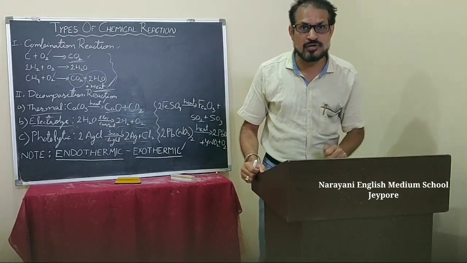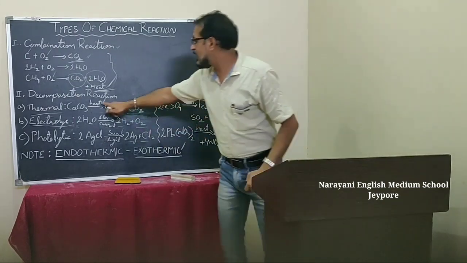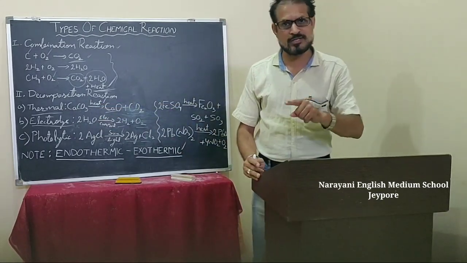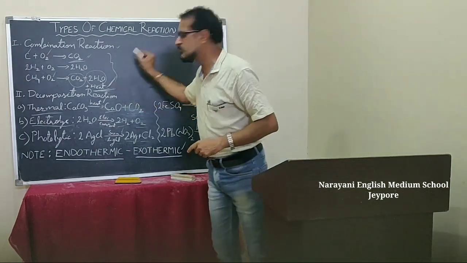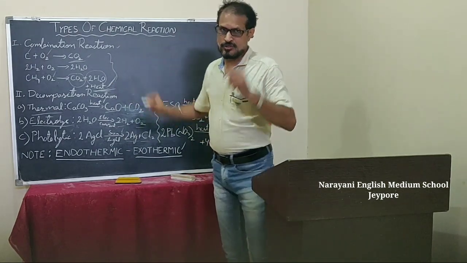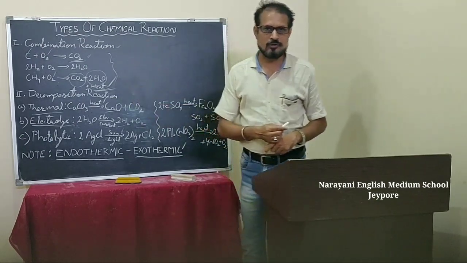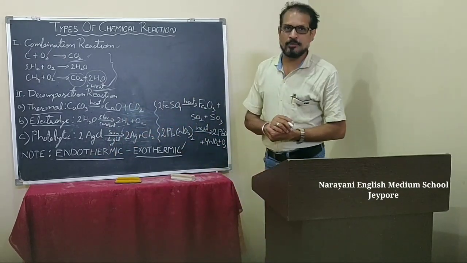Endothermic reactions are those where we require heat for the reaction, and exothermic reactions are those where heat evolved from the reaction. So, we have gone through combination reaction and decomposition reaction along with two definitions, endothermic and exothermic.